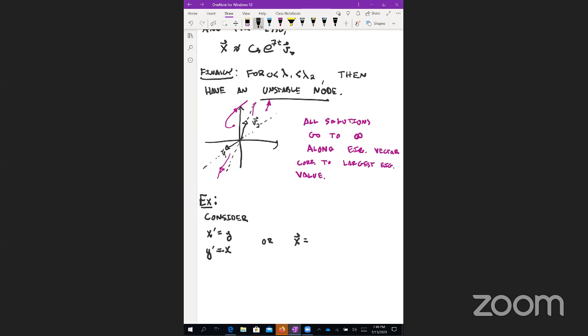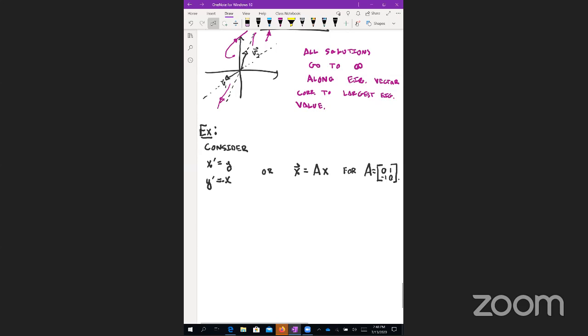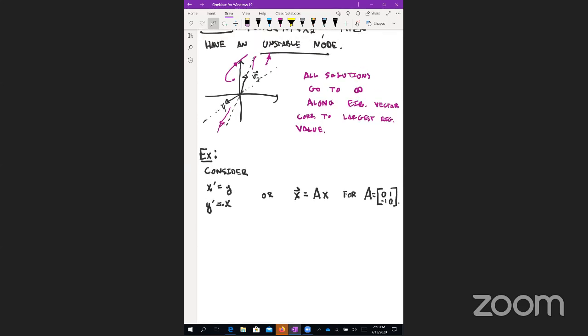Or x prime equals Ax, where A equals [0, 1; -1, 0]. Okay, let's give it a go.